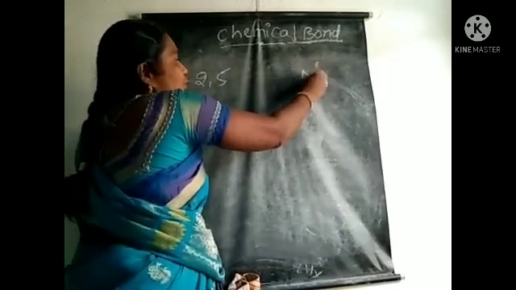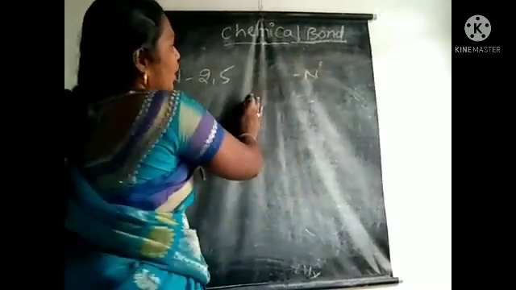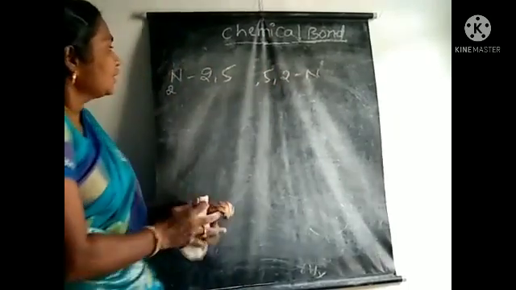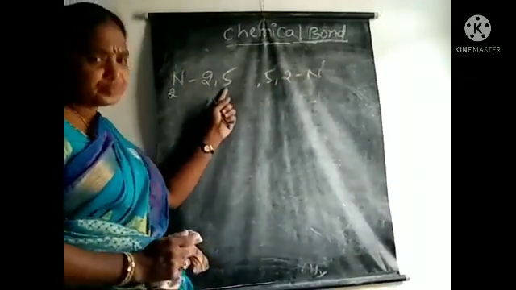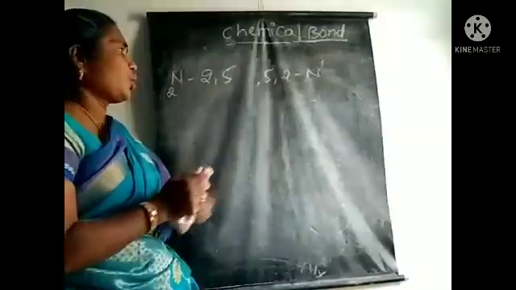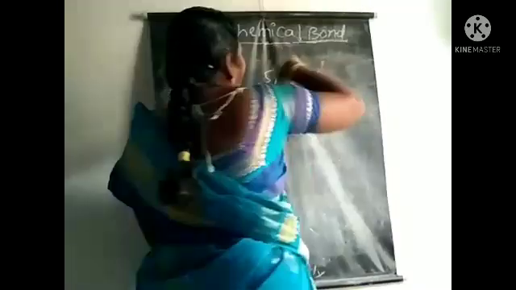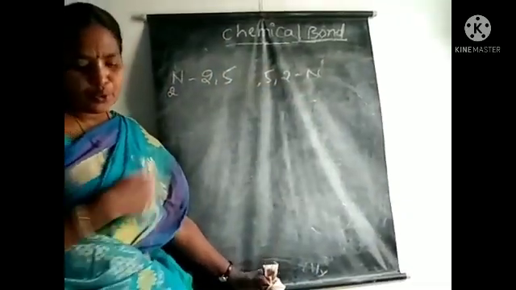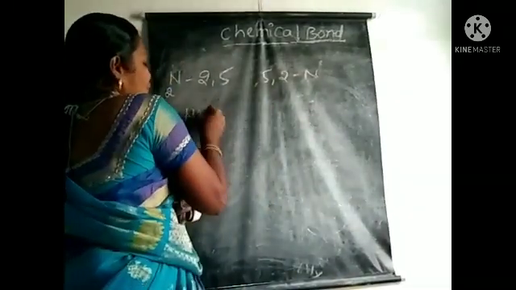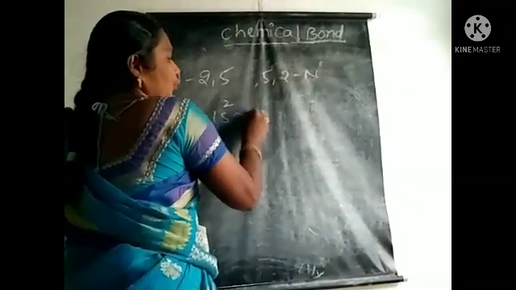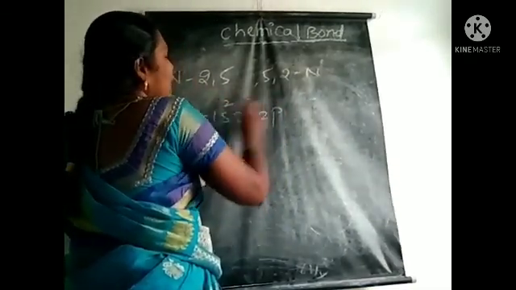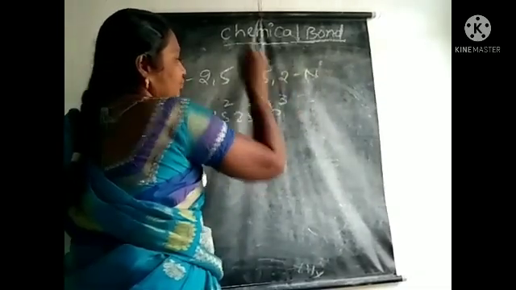Another nitrogen also contains 7 electrons. For your understanding, I will write like this. This nitrogen wants one electron, and this one also wants one electron for bond formation. The electronic configuration of nitrogen is 1s2, 2s2, 2p3.